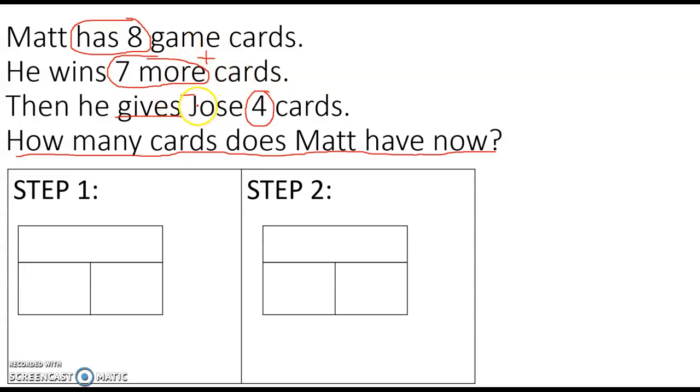First we're adding, then we're subtracting. So we know that Matt is starting with 8 and then he gets 7 more. That tells me that I need to add 8 plus 7. We need to find the number of cards after he wins 7.